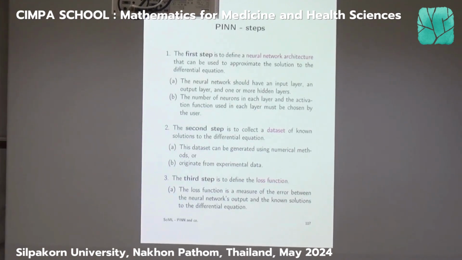I've tested it against different combinations, different validation sets, and this is the average performance of the method. Sometimes it can perform better, sometimes worse, but I tested it in a very formal, very good way. And then, okay, neural network architecture, you have to collect a data set of known solutions, so you need data.